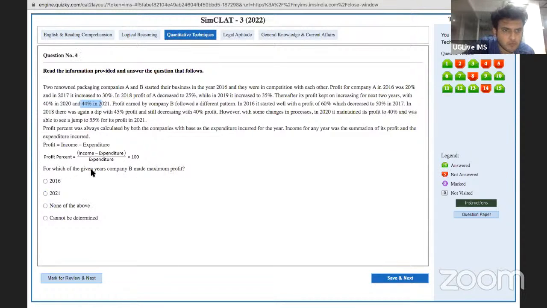For which given year is maximum profit? ये भी I think cannot determine होगा. हाँ ठीक है.